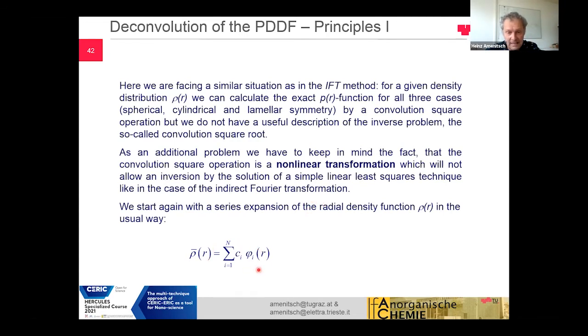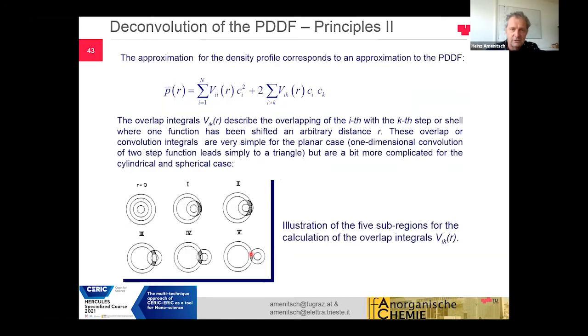You expand the electron density as a function of spline functions, spaced at certain distances. And again, you have development coefficients. So this is the electron density map you want to calculate. You have these rings with contrast electron density.